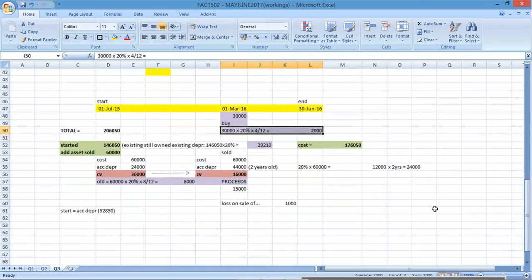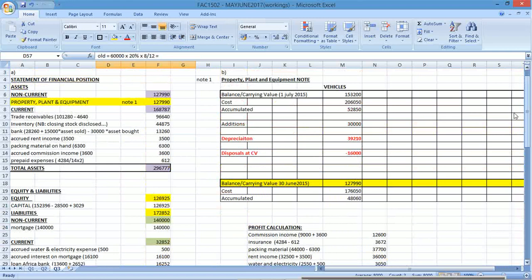We're just missing 3,000 somewhere. Let's see. Okay, that's carrying value. That was 8,000. Is there anything else here that we would need to disclose in the statement of financial position? No, there wouldn't be. And we had the depreciation at the beginning. I did put the depreciation at the beginning, so that was fine. I recorded it there. Yeah, okay, so the PPE note is fine.